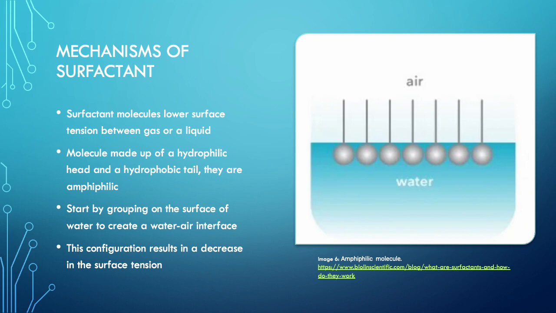Surfactant starts by grouping on the surface of the water to create a water-air interface, with the hydrophilic head towards the water and the hydrophobic tail towards the air. This configuration results in a decrease in the surface tension. The hydrophilic part of the molecule lines the alveoli and the hydrophobic tail points towards the alveolar air. These phospholipids spread throughout the alveoli to reduce the surface tension.